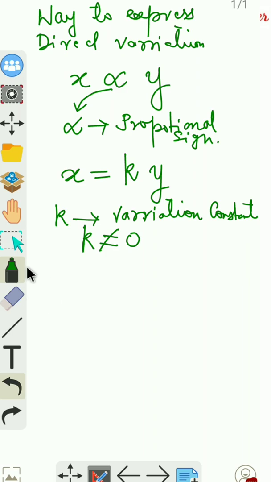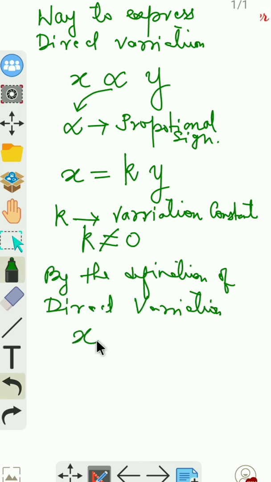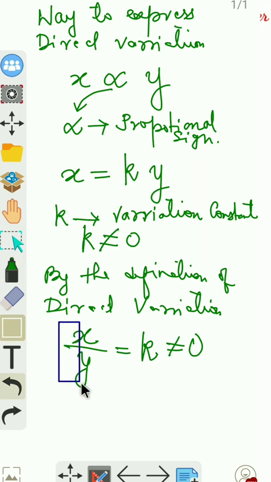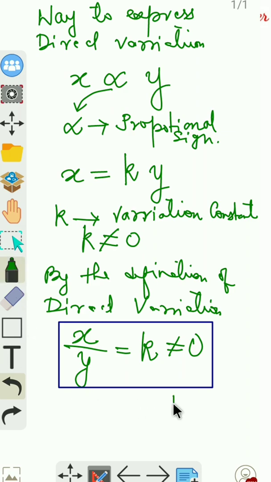So by definition, when the first quantity is divided by the second quantity, we will get such a number k which is not equal to 0. If this is fulfilled, if the first quantity is divided by the second quantity and we get a constant which is non-zero, then we can simply say that x is directly proportional to y.